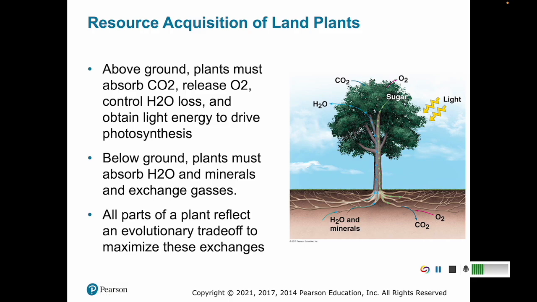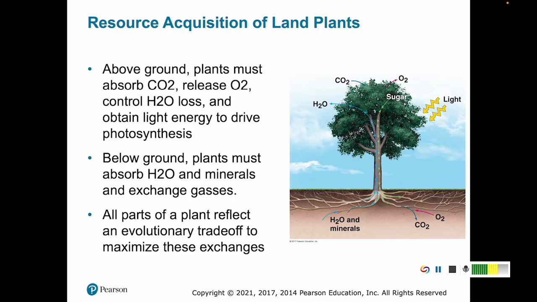So plants kind of live in two worlds. They live in the above ground world where they can absorb carbon dioxide, they can release oxygen, they can close their pores, their stomata, to control water loss, and they can get light energy to power photosynthesis. They also live in the below ground world.